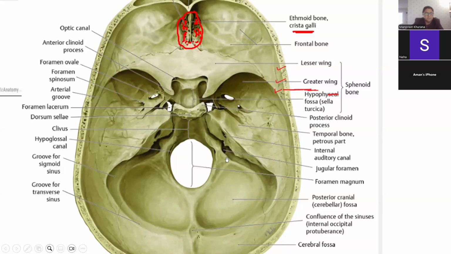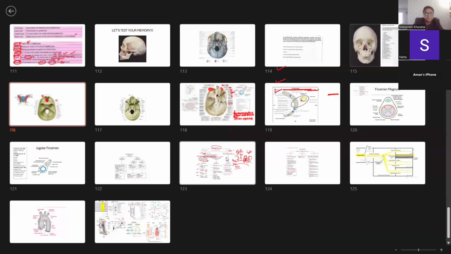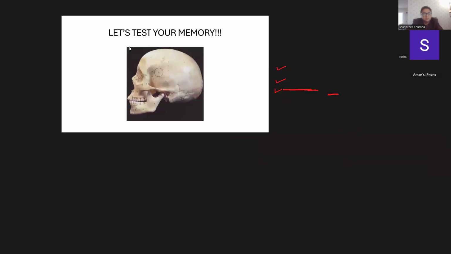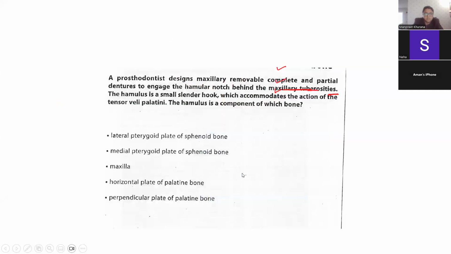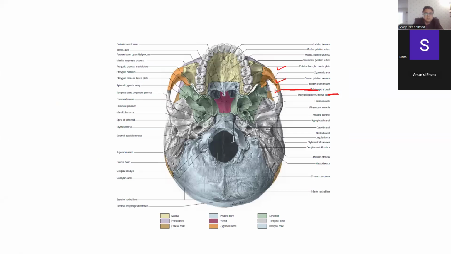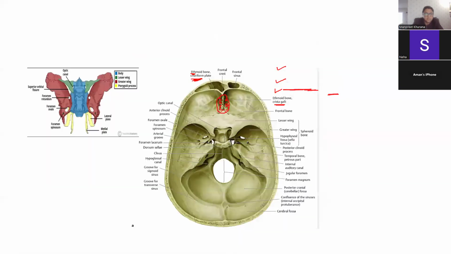If you see the temporal bone, which I have already shown you, this is the squamous part of the temporal bone. This is from the interior, and this is the petrous part of the temporal bone.